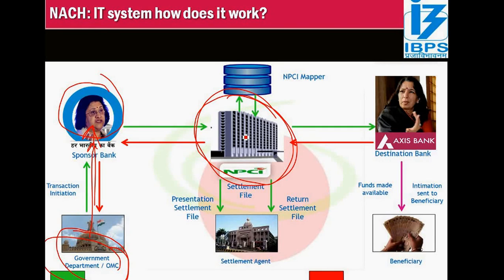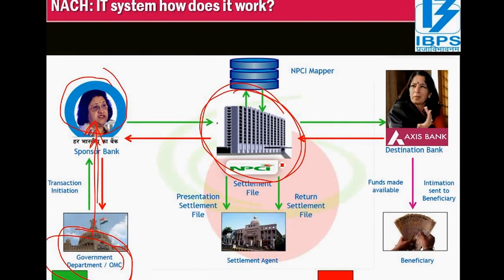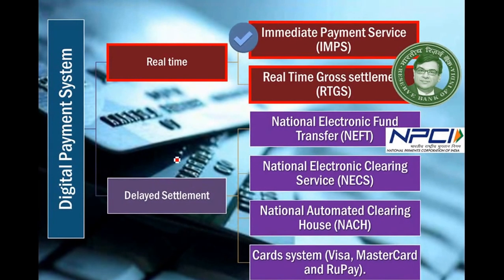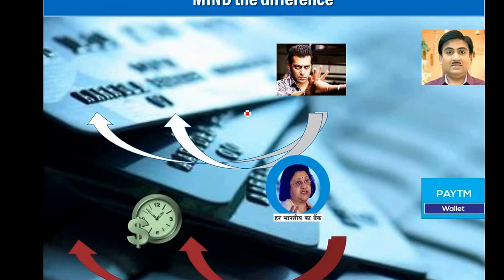the sponsor bank can map the account of the beneficiary using the NPCI mapper. Suppose the beneficiary has an account in Axis Bank, then the sponsor bank transfers the details of the beneficiary to NPCI, and the NPCI mapper will map the account using their databases and transfer the subsidy to the destination branch.